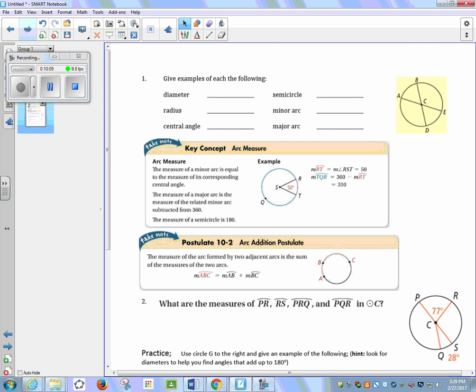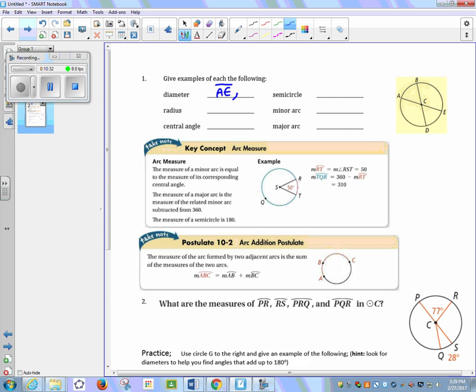All right. So this next piece right here is just getting you to practice using some of these terms. An example of a diameter from this diagram would be, let's say, AE. Now, a diameter is a segment, so you're just going to put a segment symbol over it.